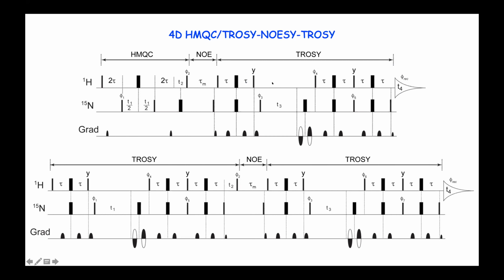Okay, but if you want to do 2-step, which pulse should we phase cycle? I tell you, for HMQC, if you want to do 2-step, you want to phase cycle phi 1 over here. The reason is that it has to be nitrogen so that the heteronuclear filter is utilized and water can be filtered.